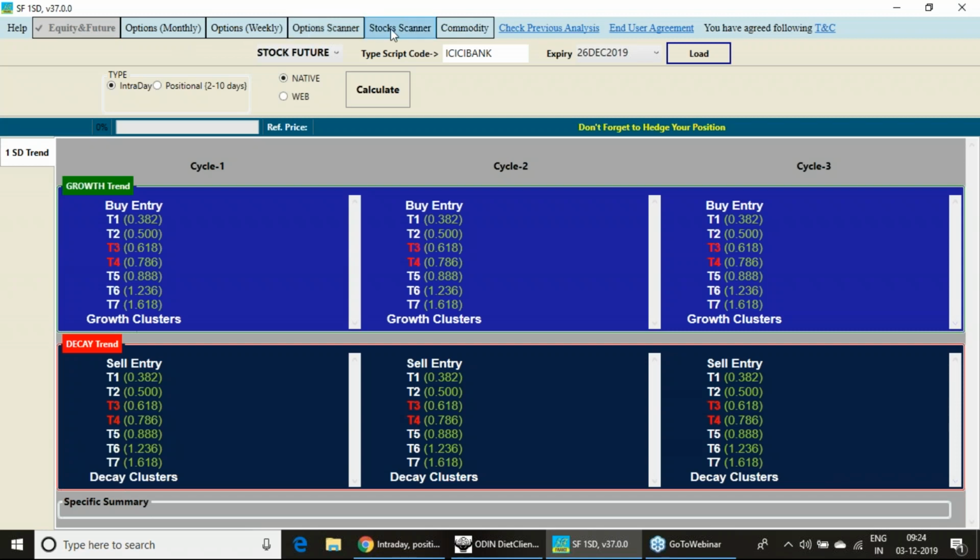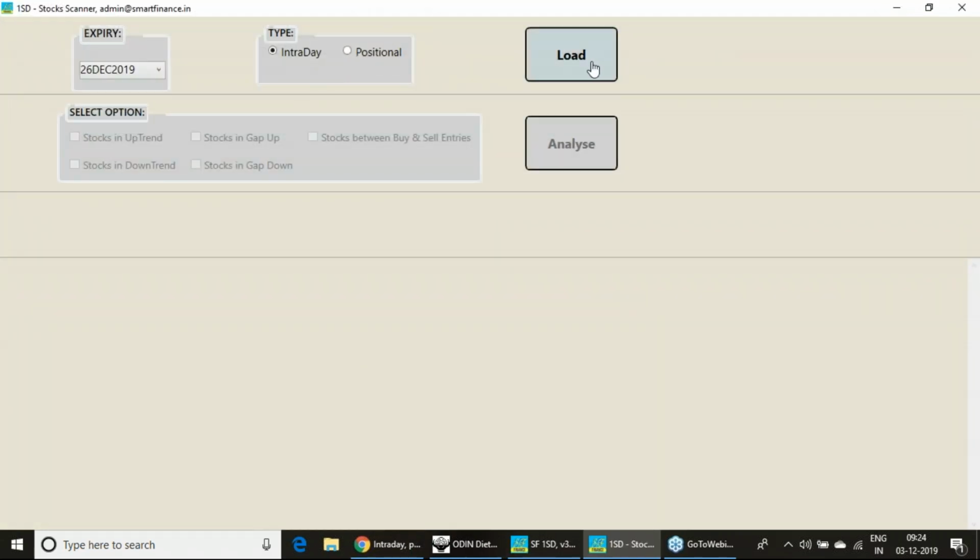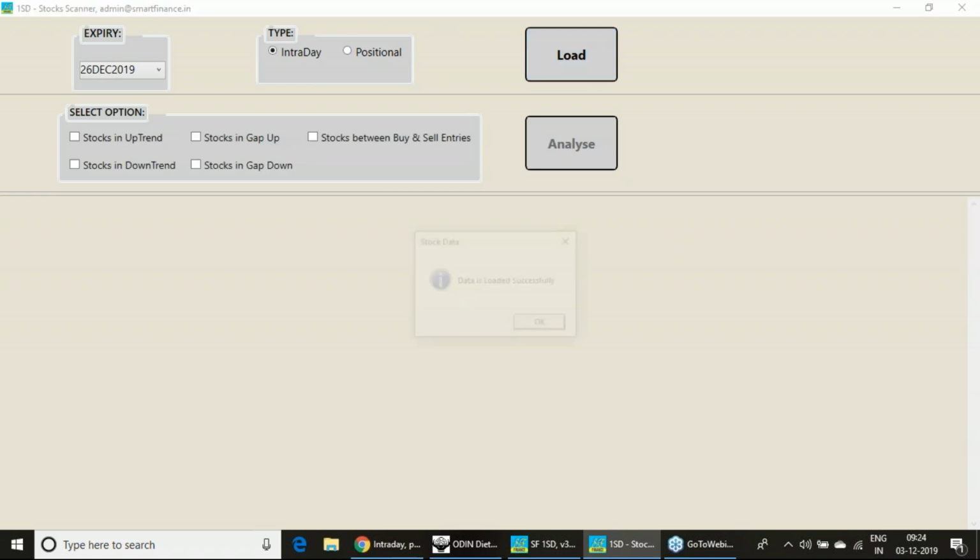The stock scanner will be updated at 10 o'clock. You will get the list of the stocks which have given the breakout as per the one standard deviation principle. Every day at 10 o'clock we will be updating this. You can use this just as a reference for which stocks have given you the uptrend breakout.